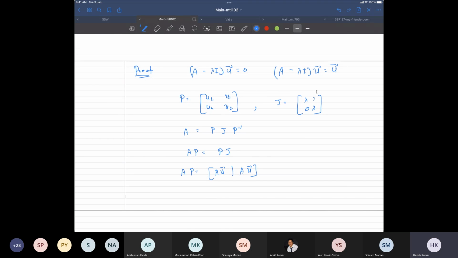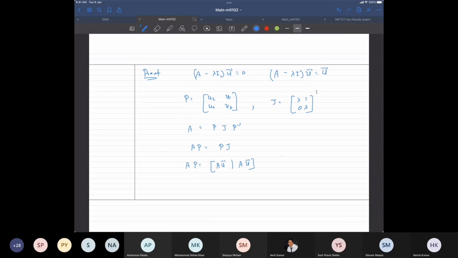Now A U is lambda U from here. A V is U plus lambda V. So let's write lambda V plus U. This is important, you pay attention to this.